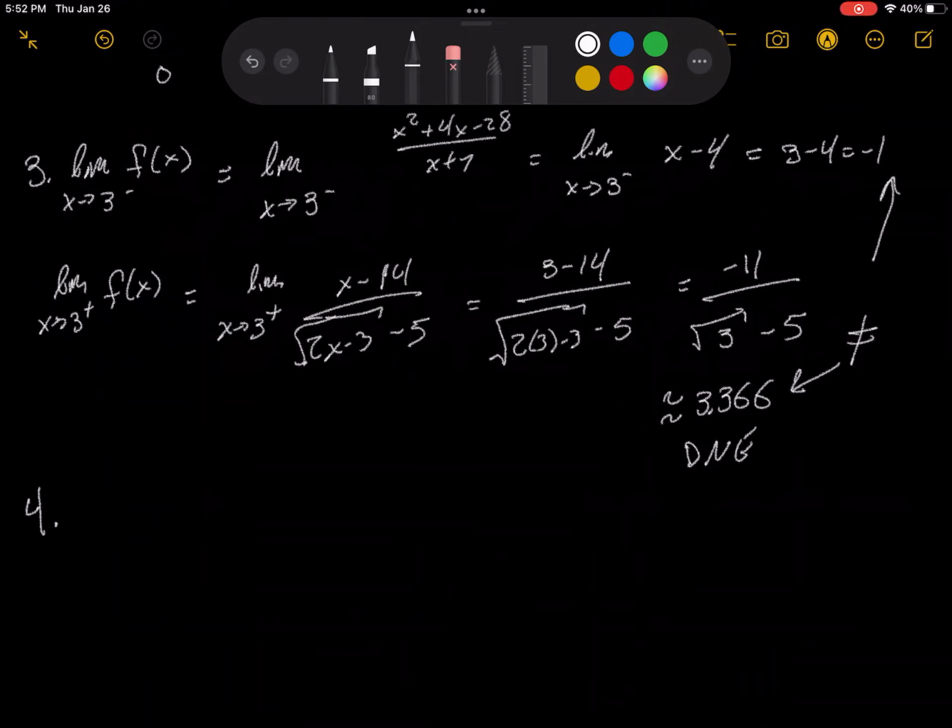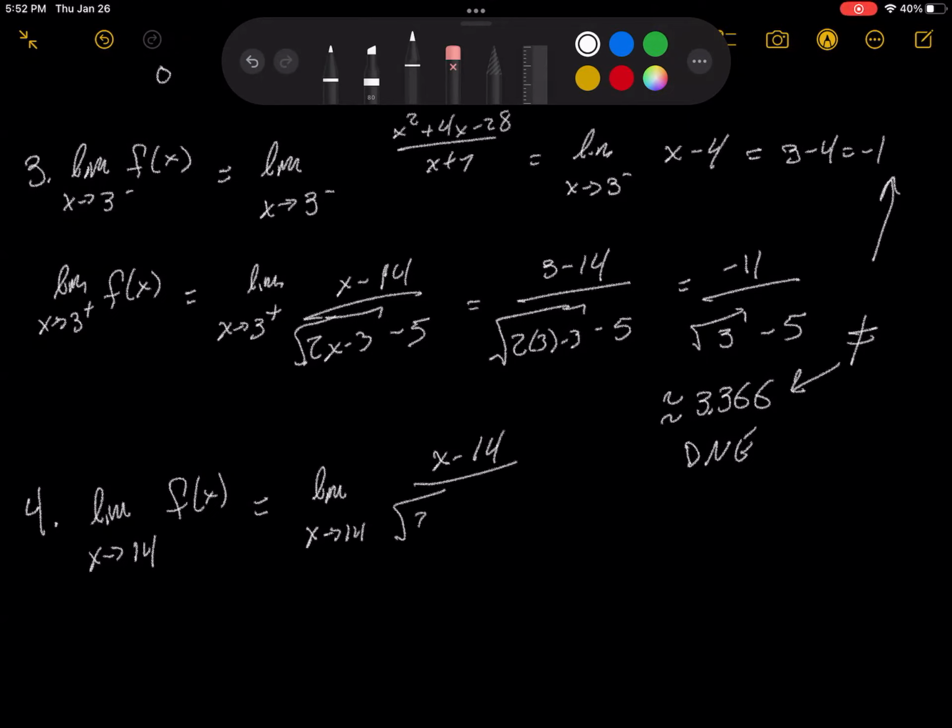All right, number 4. We want to look at the limit as x approaches 14 of the function. Now, when x is approaching 14, x is certainly larger than 3, which means that I listen to this second function again, x minus 14 over the square root of 2x minus 3 minus 5.